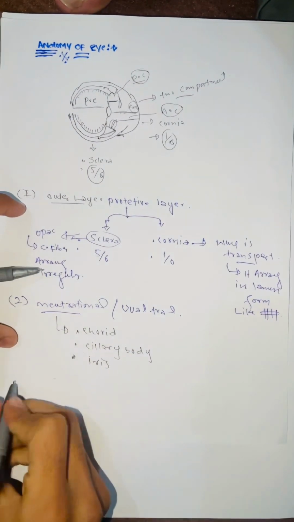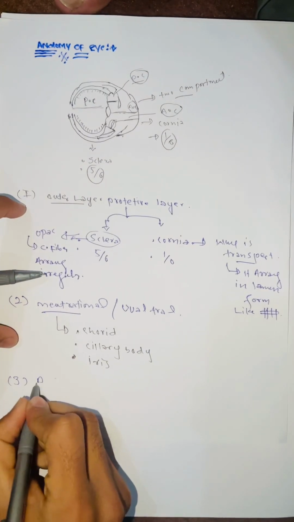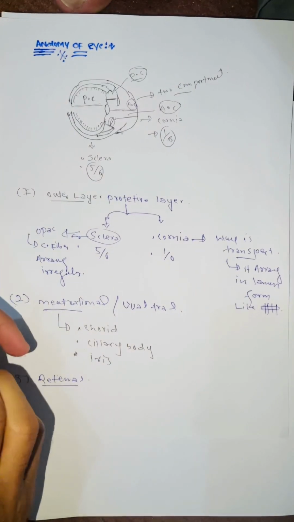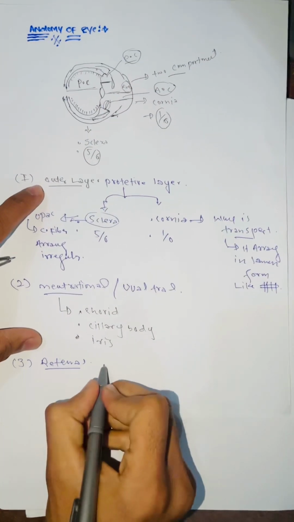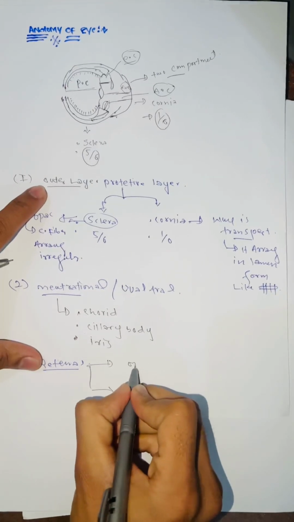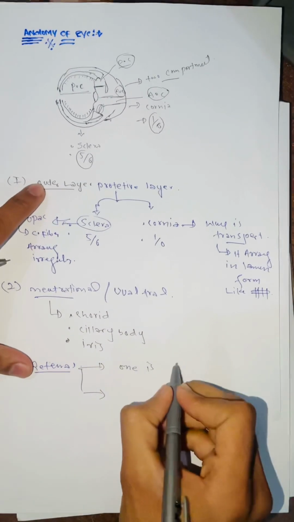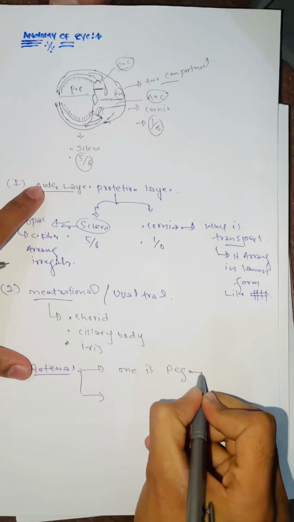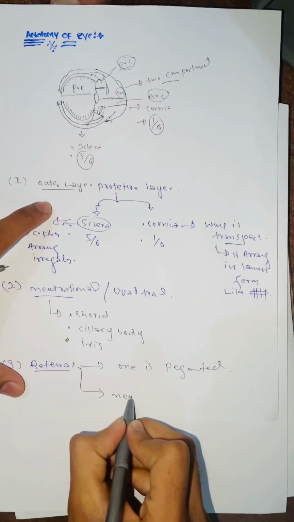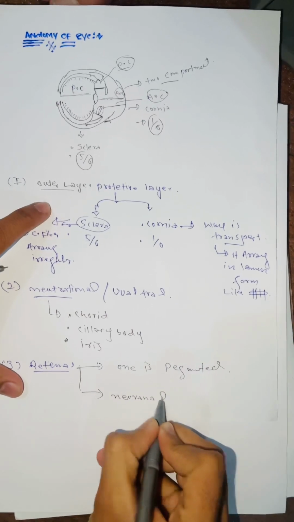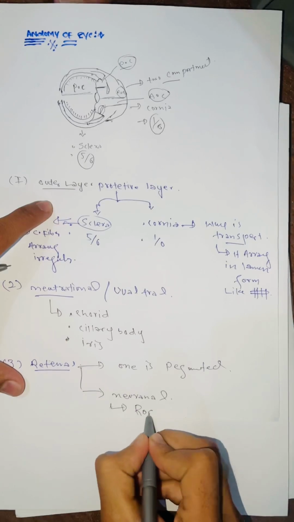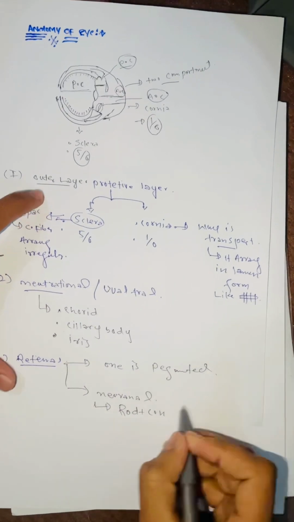Now we come to the internal layer, which is the retina, which further consists of two parts. One is pigmented, the second one is neuronal. And the neuronal layer consists of rods plus cones.